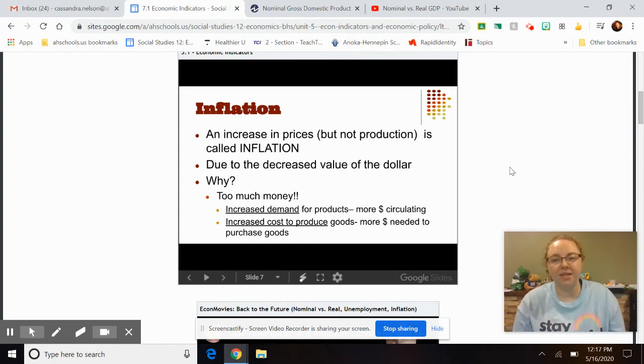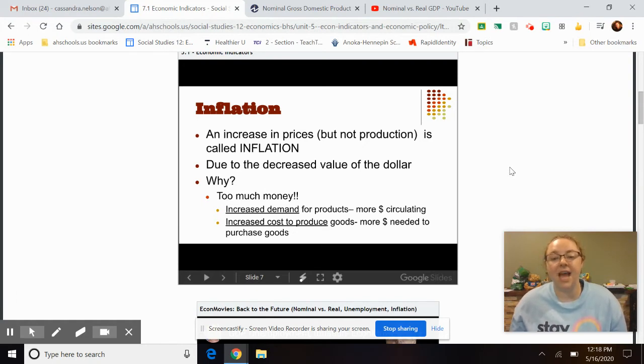Now I get it. You're like, if the value of the dollar is decreasing, how can we be inflating? Because if the value of the dollar is decreasing, that means that more people have more money to spend.